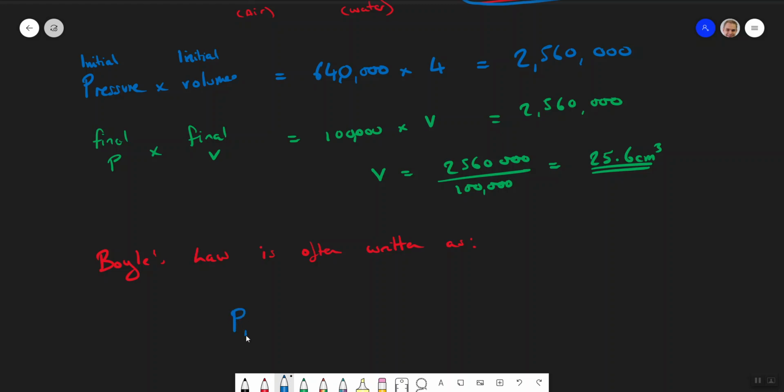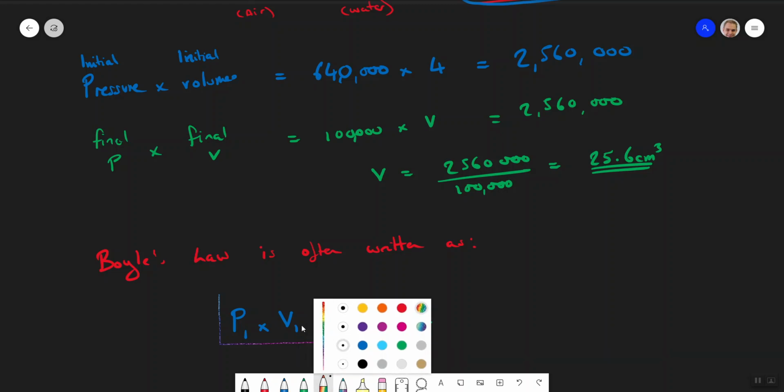P1 times V1, so first pressure, first volume, equals P2 times V2. And this is often how it gets written. I don't know if this points to that. Oh, it's because it's too thin. That's why. Yeah.